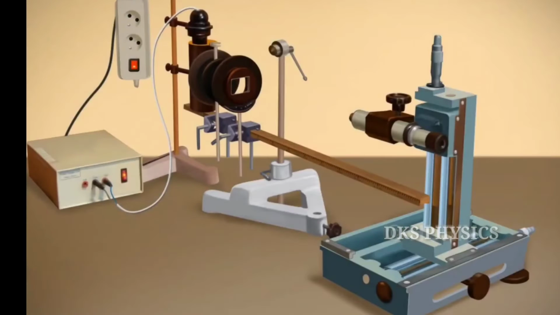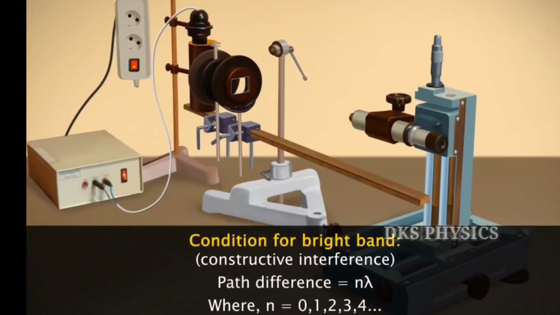From the condition of constructive interference, we know that bright band will be formed where the waves will meet constructively. The path difference between the waves will be integral multiple of lambda. Here, n is 1, 2, 3, 4, etc., taking O as 0th band, central maxima.